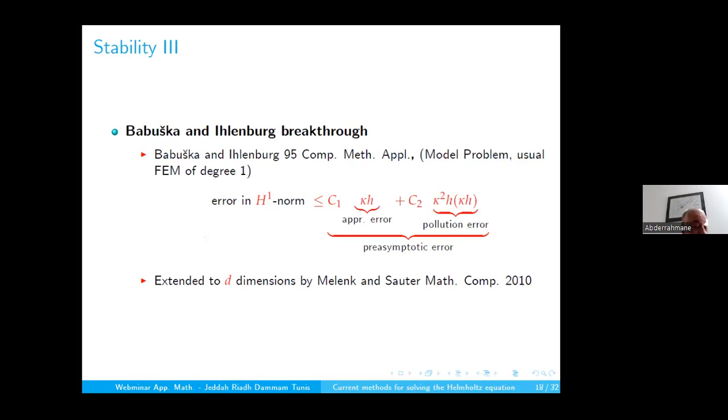And the first big breakthrough was done by Babuska and Ihlenburg in 95.